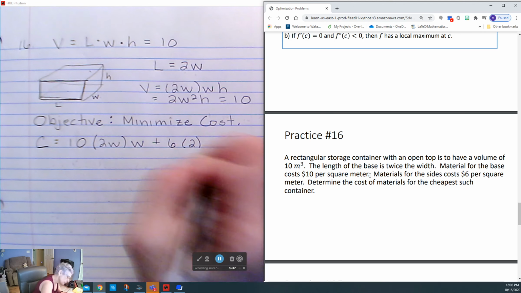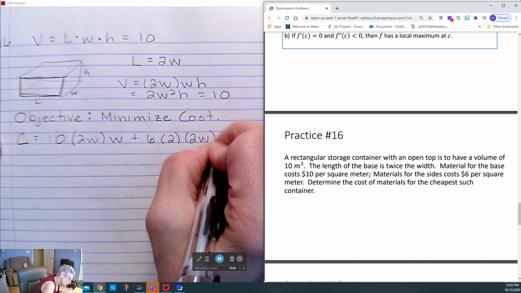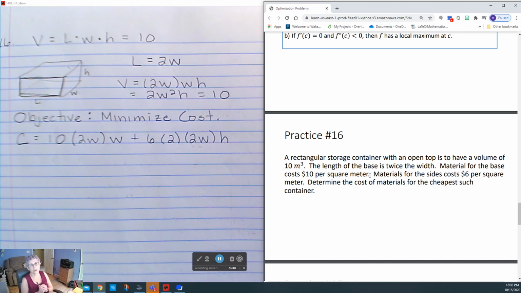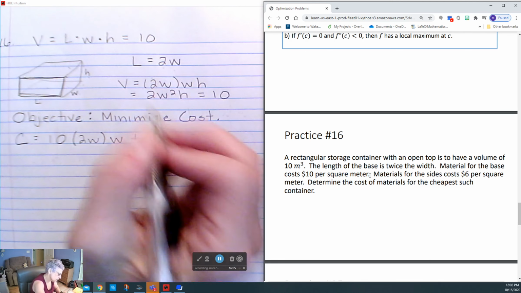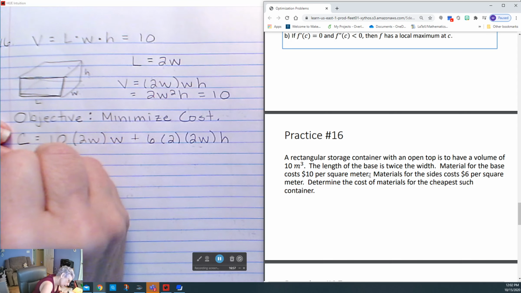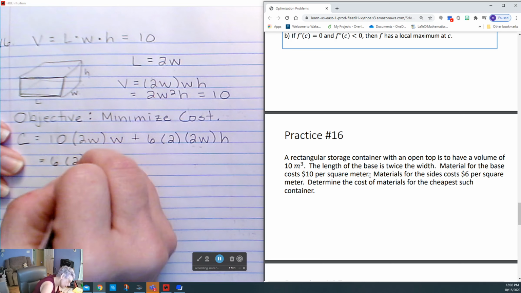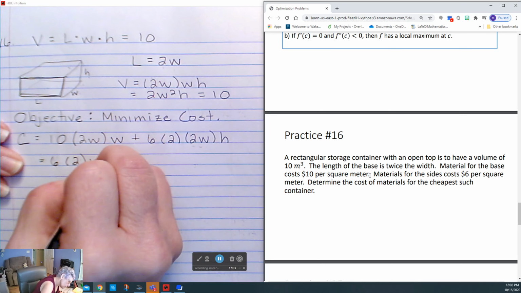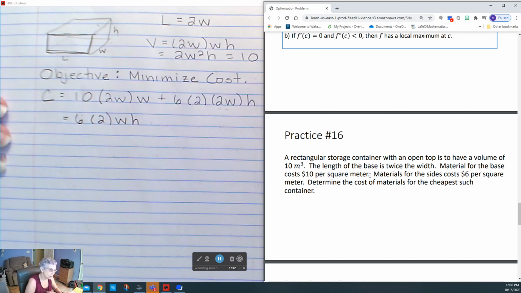There's two of them, and they are L, which is 2W, times H. Then I have these other sides that are W times H. They cost $6 per square meter. There are two of them, and they are just W times H. So let's simplify that as much as we can before we go back and make it into one variable.